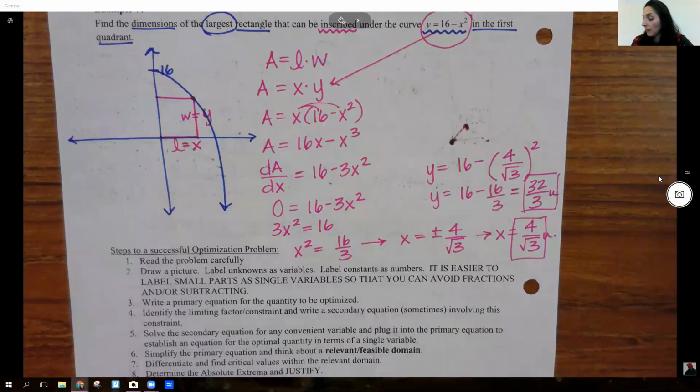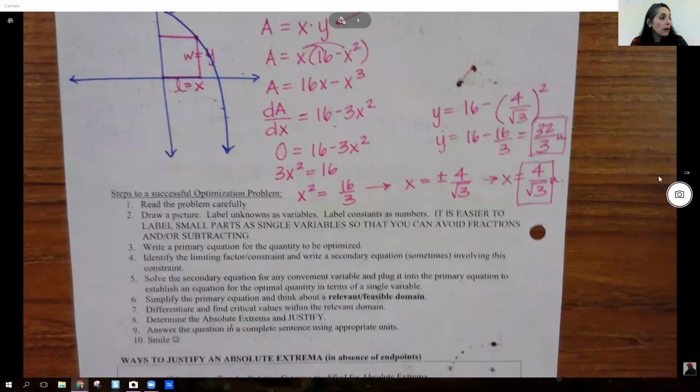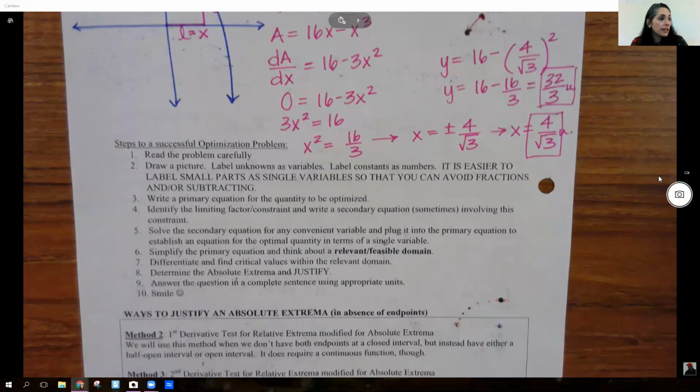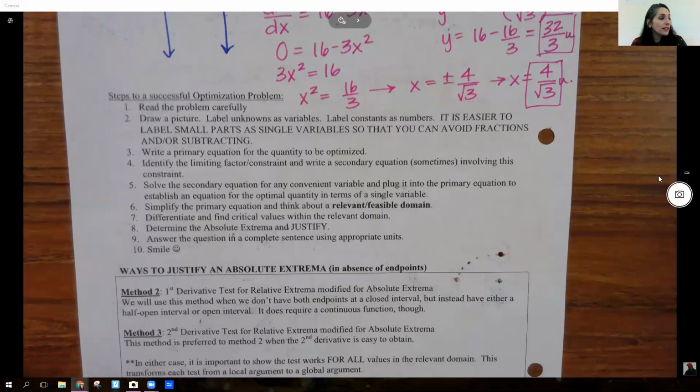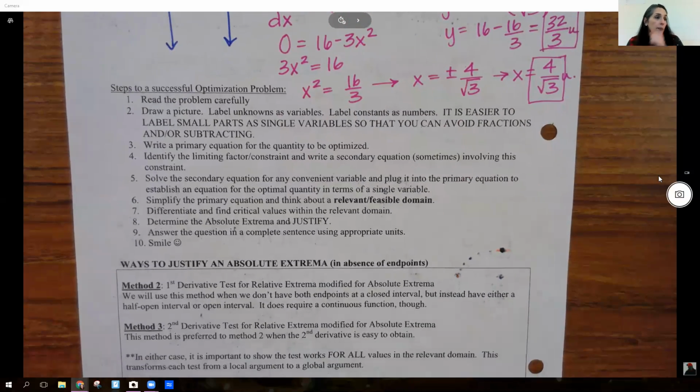Down here are some nice little steps for those of you that like steps. If you want to take a screenshot of that, if you don't have it already, feel free. It's kind of wordy, but it definitely gives you every little step.